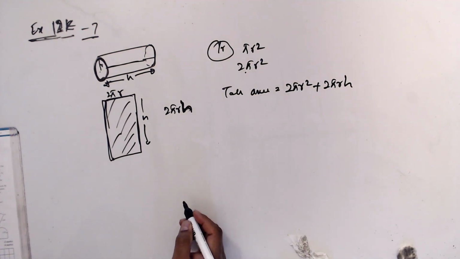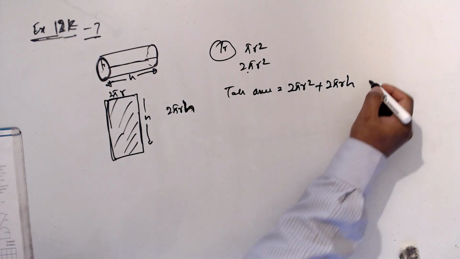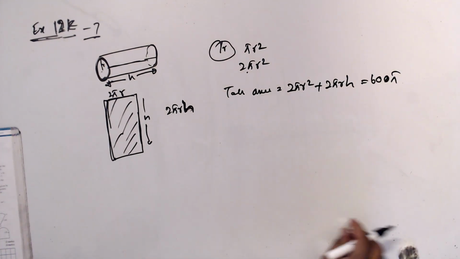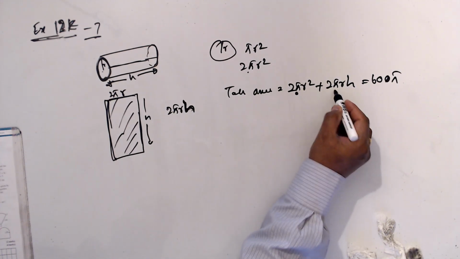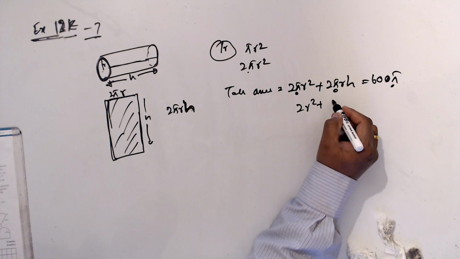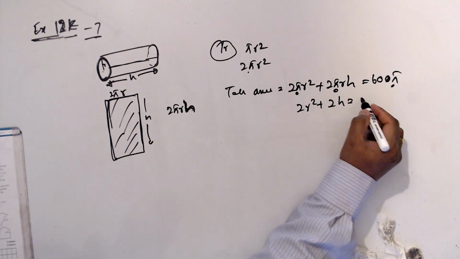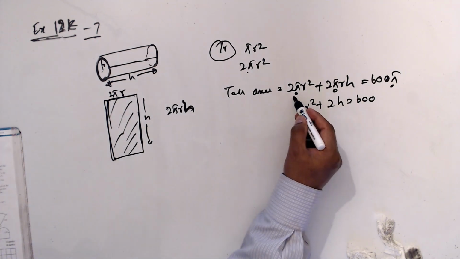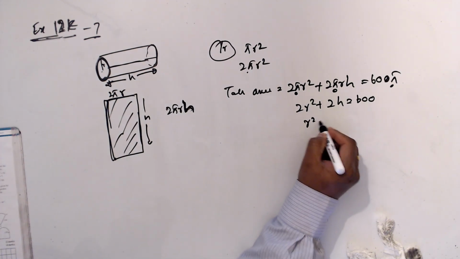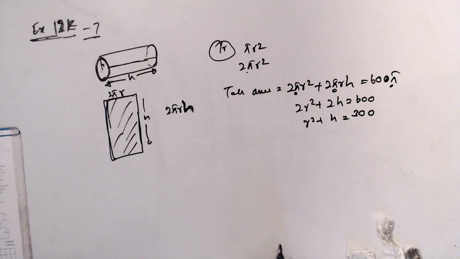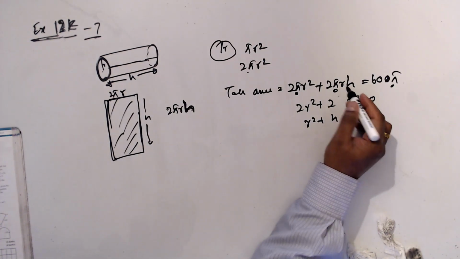Now this value is equal to 600 pi. I can see that pi is common. Then 2r squared plus 2rh equals 600. Actually, I can divide by 2. So r squared plus rh equals 300. I missed the r here, rh.